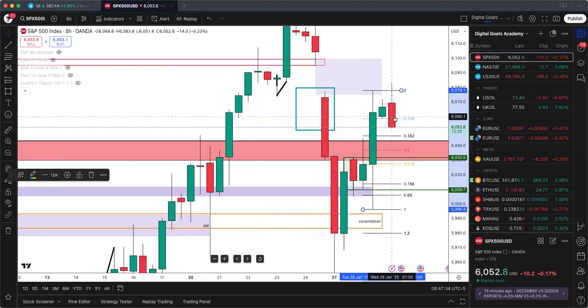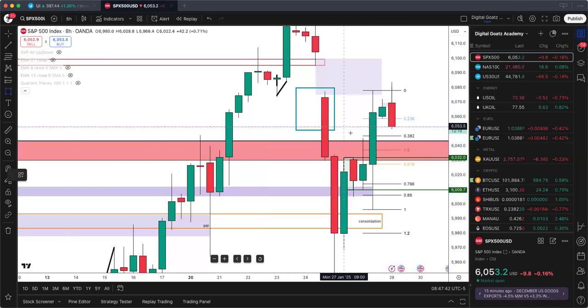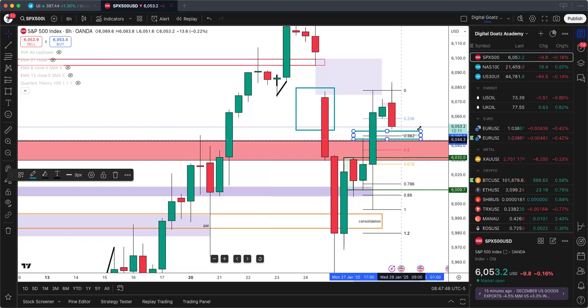But on the 8 hour, we've crossed over the 238, and we're trying to push down to the 382. But remember what I've always said, it's that ballpark area. It doesn't have to necessarily touch the Fibonacci, because that stuff is still technically imaginary. You know what I mean? It's just giving you confirmation once it gets there. But to me, close is good enough.